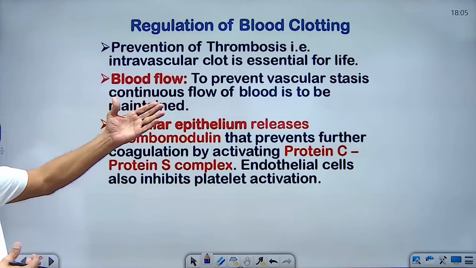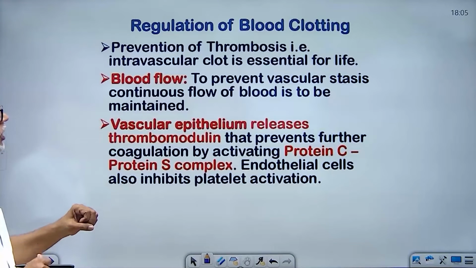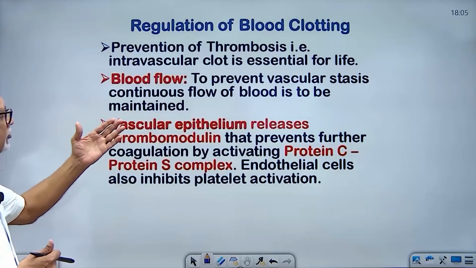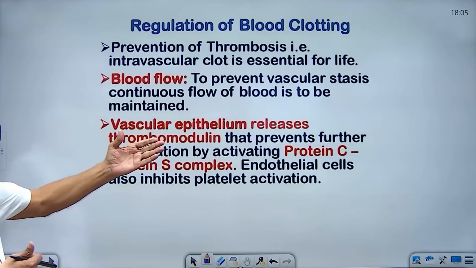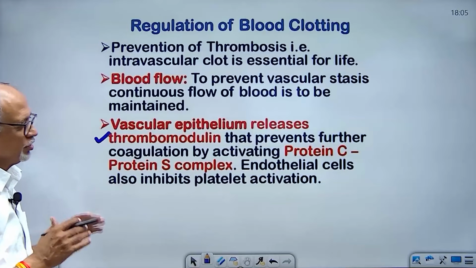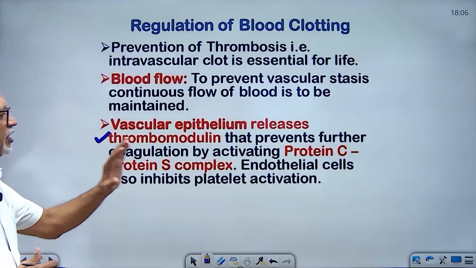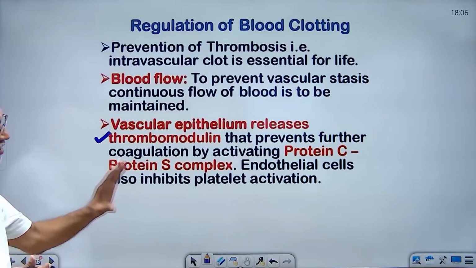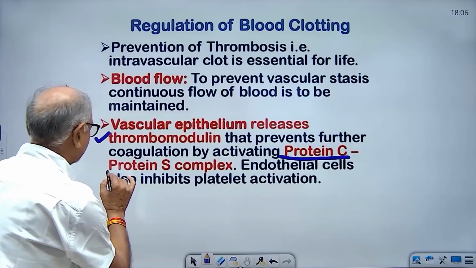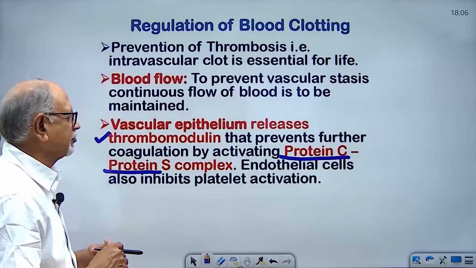To prevent vascular stasis, that means the stoppage of flow of blood, the flow of blood should be maintained. Vascular epithelium releases a substance called thrombomodulin. This thrombomodulin prevents further coagulation by activating 2 proteins. One is protein C and another is protein S. So, these 2 form a complex.